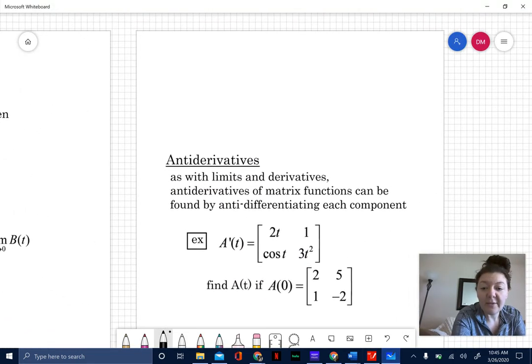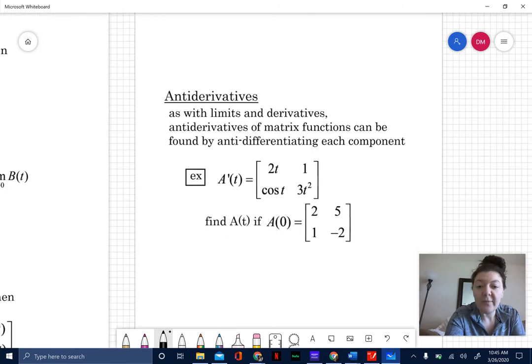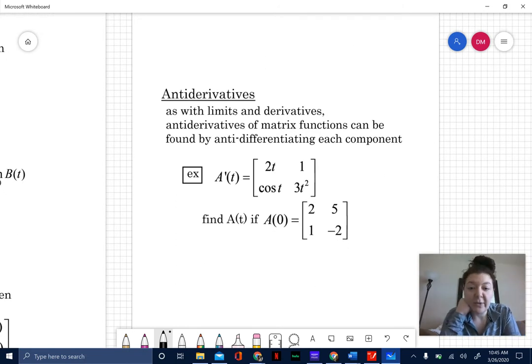All right. So as with limits and derivatives, antiderivatives of matrix functions can be found by anti-differentiating each component. Okay, so now if I have A prime of t and I know that it looks like this matrix right here, let's say we want to find what A of t is if we know that A of 0 is equal to this matrix right here.